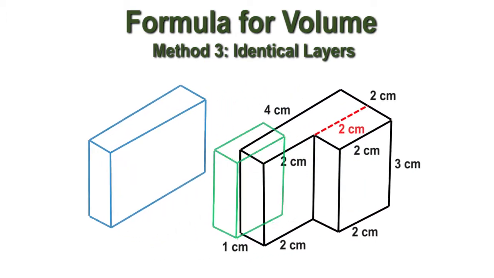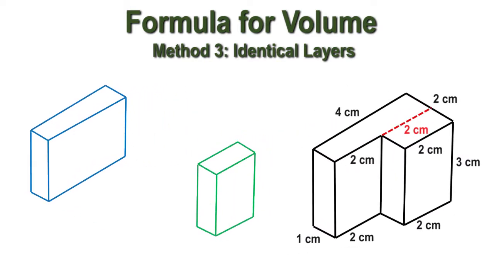The image to the left shows what happens when the prism is decomposed. We can use the formula for volume to calculate the volume of each of the smaller rectangular prisms. The longer prism measures 4 centimeters in length, 1 centimeter in width, and 3 centimeters in height. Its volume in cubic centimeters is 4 multiplied by 1 multiplied by 3, or 12 cubic centimeters.